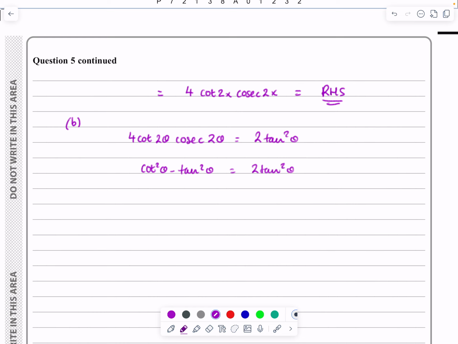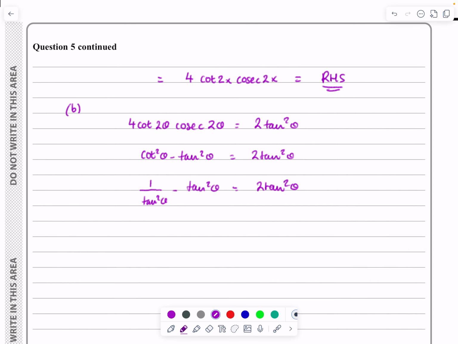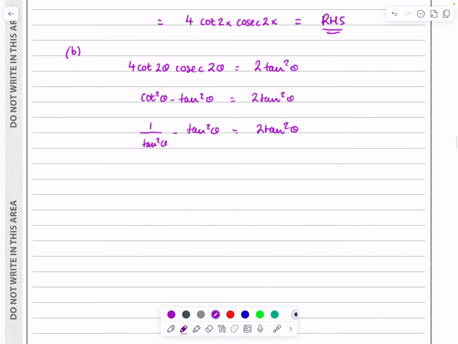And then again, as I said to you previously, this is all about hard work and just looking at these. I know cot squared is 1 over tan squared here, so I'm going to have 1 over tan squared minus tan squared is equal to 2 tan squared, and that's not going to take me too long to actually go through and work it out. If I multiply everything by tan squared here to get rid of the fraction, 1 minus tan to the 4 is equal to 2 tan to the 4.